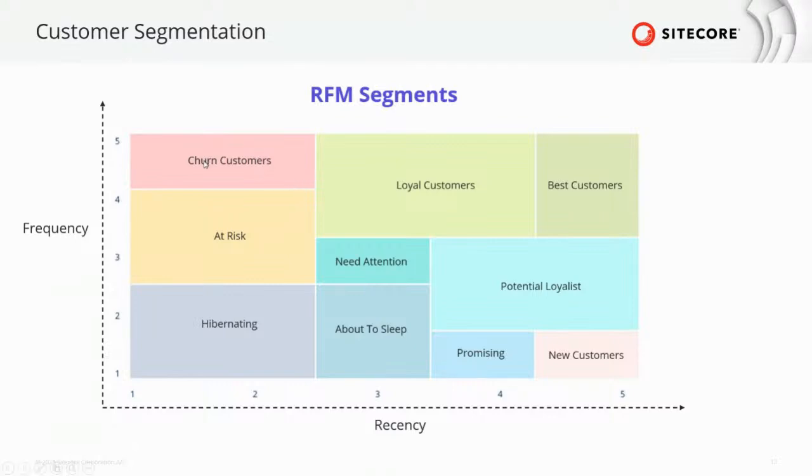So our area of interest today is the cluster named churn customers. And for churn customers, we have frequency segment equal to 5 and recency equal to 1 or 2. Just remember it for our demo. So that's the end of the theoretical part, and let's move to the practical.